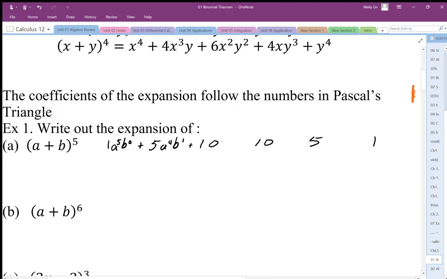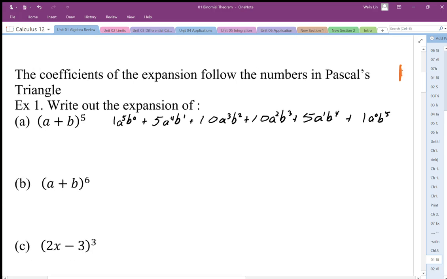So we get plus 10 a cubed b squared, plus 10 a squared b cubed, plus 5 a to the 1 b to the 4, plus a to the 0 b to the 5. So there's our expansion. We don't really need the power zeros, but I just put them in there just to highlight the pattern of powers here.